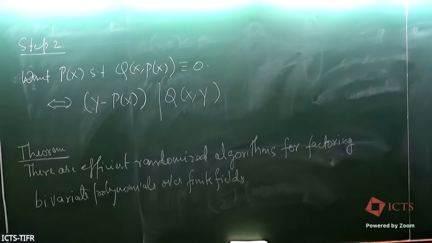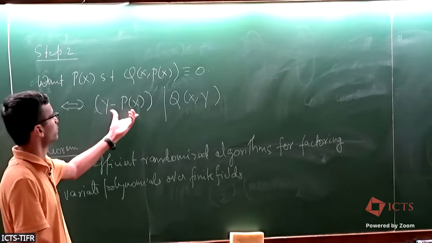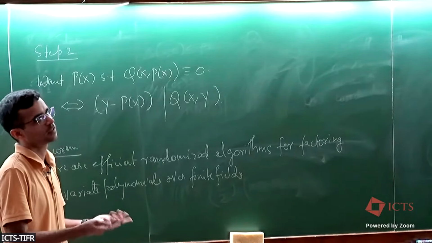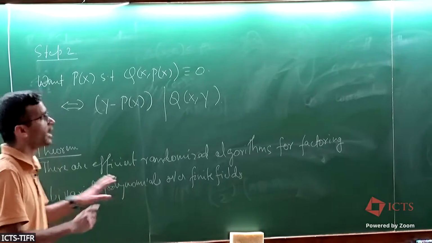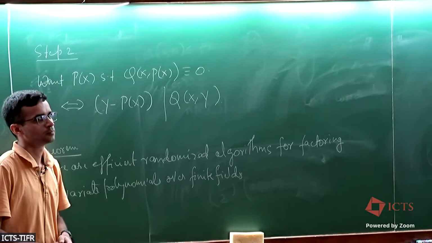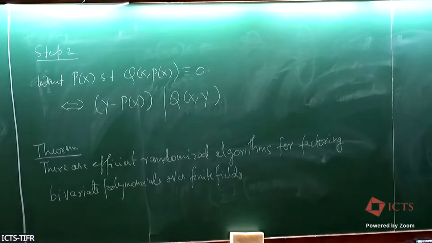Questions? Q may have other factors. We will factor Q and we will only get our hands on the factors that are interesting to us. Other factors we can discard. Nothing guarantees that Q will only have factors of this kind. So if Q has no such P's, this means there was no polynomial that was close to the received word.